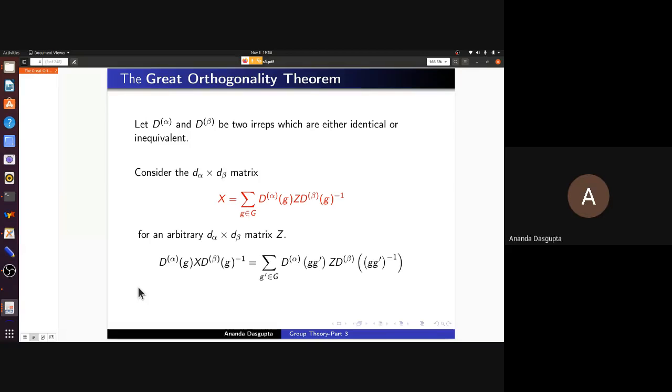If you have a matrix which commutes with every one of them, that's something which happens very often. For example, if you have a Hamiltonian for a quantum system and you have some symmetry operations, then the Hamiltonian commutes with every one of the symmetry operations. But does that mean that the Hamiltonian is going to be a multiple of the identity? The answer is no, unless your vector space is an irreducible vector space, that is, the representation is an irrep. Typically, the physical representation that you will get very often will not be an irrep, but it can be built out of irreps.